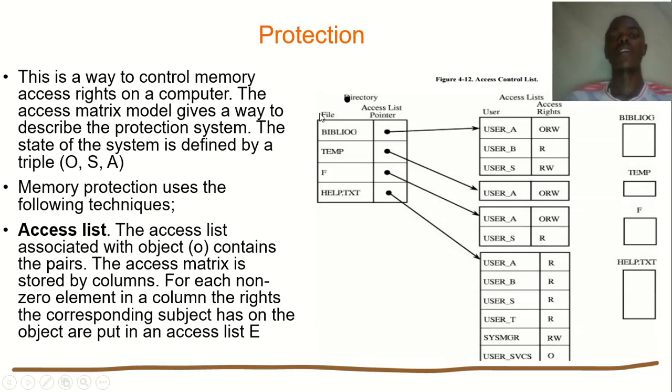So this brings us to protection as another function of the operating system under memory management. Protection is a way to control memory access rights on a computer. The access matrix model gives a way to describe the protection system.